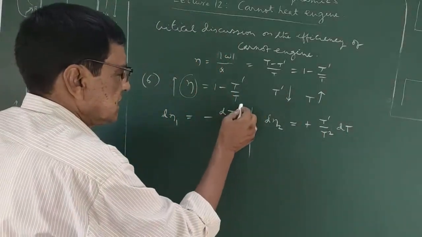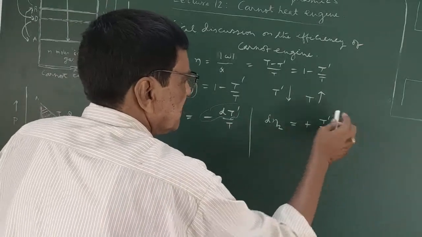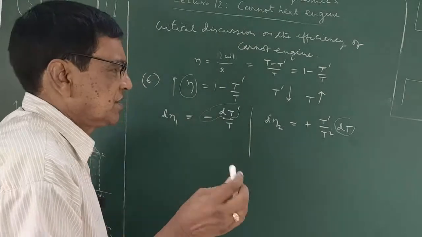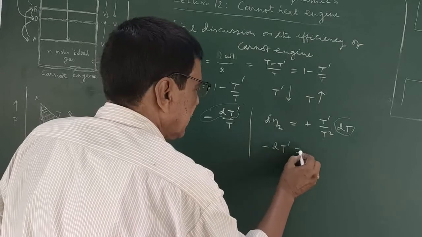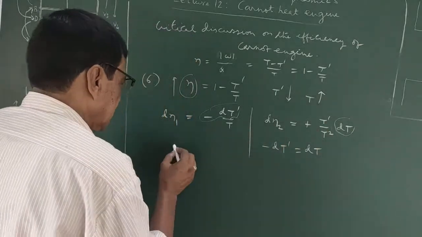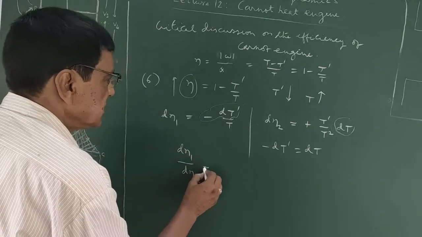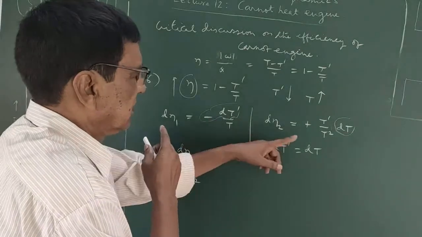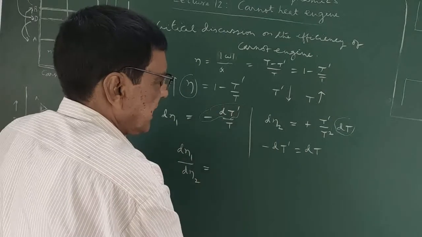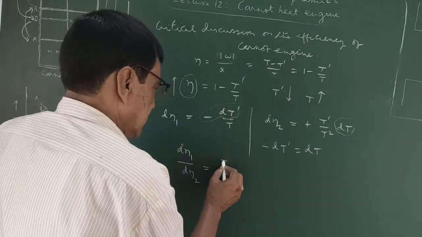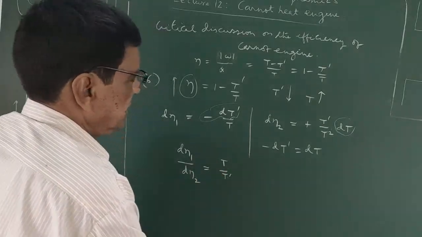But decreasing the temperature of the sink and increasing the temperature of the source are to the same extent. So this minus dT dash equal to dT. Then d eta 1 by d eta 2 is equal to, keeping this ratio, dT and dT dash will be cancelled, and so it will be T by T dash.